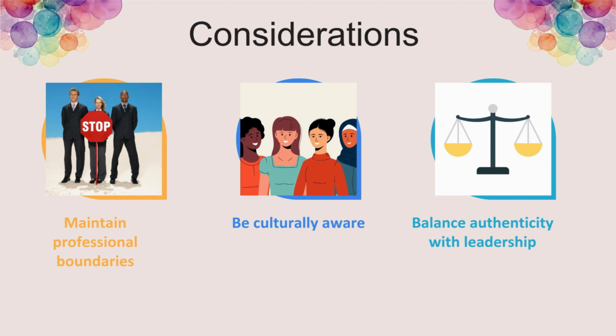But I maintained those boundaries. I didn't have to constantly say, I'm in charge, I'm the authority. Absolutely not. My father told me when I was younger, a grown man doesn't walk around talking about he's a grown man. People know he is by the way he conducts himself. And that's the same thing I did in the classroom. I don't have to tell you I'm the authority. My actions are going to show you I'm the authority.